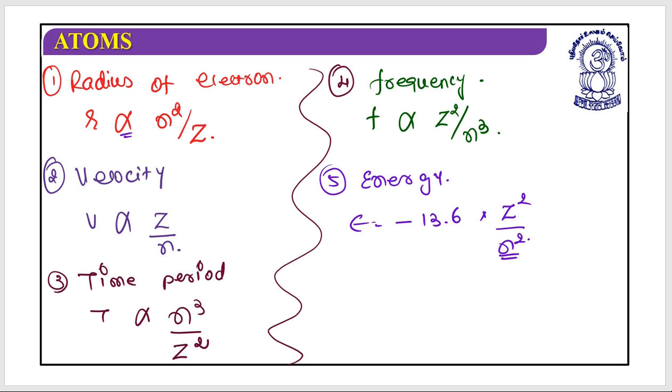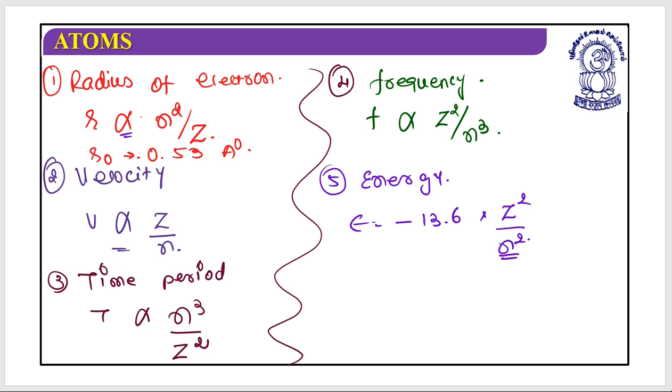Do you know what the constant is? It's R naught. If I replace the proportionality symbol, we know there is a certain number there. What was that R naught? It is approximately 0.53 Angstrom.